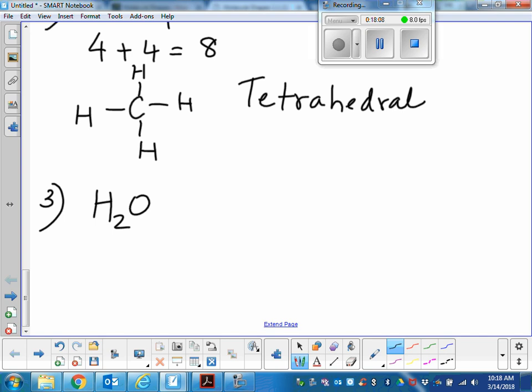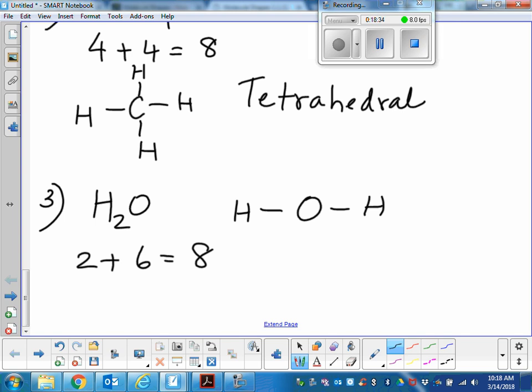If I'm looking at this, each hydrogen is contributing 1, oxygen is contributing 6, I have a total of 8. If I want a symmetrical arrangement, I'll put oxygen on one side and hydrogens on both sides. I need at least a bond between them. How many electrons have I accounted for? 4.